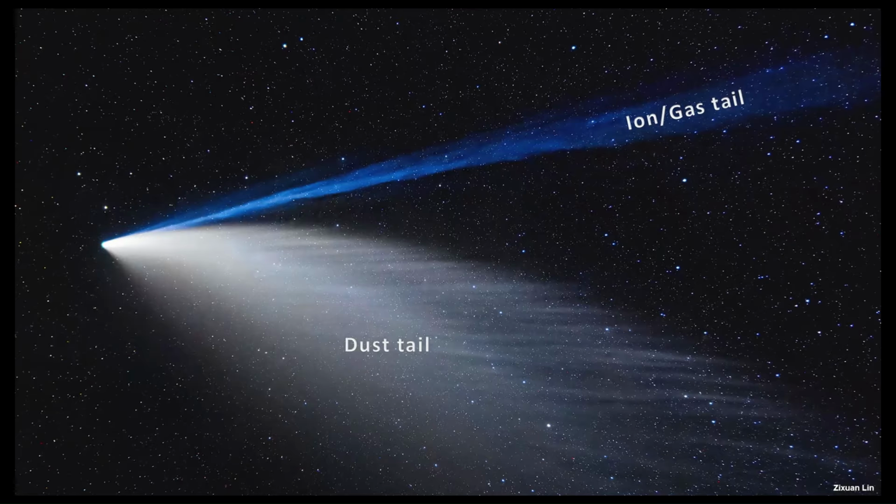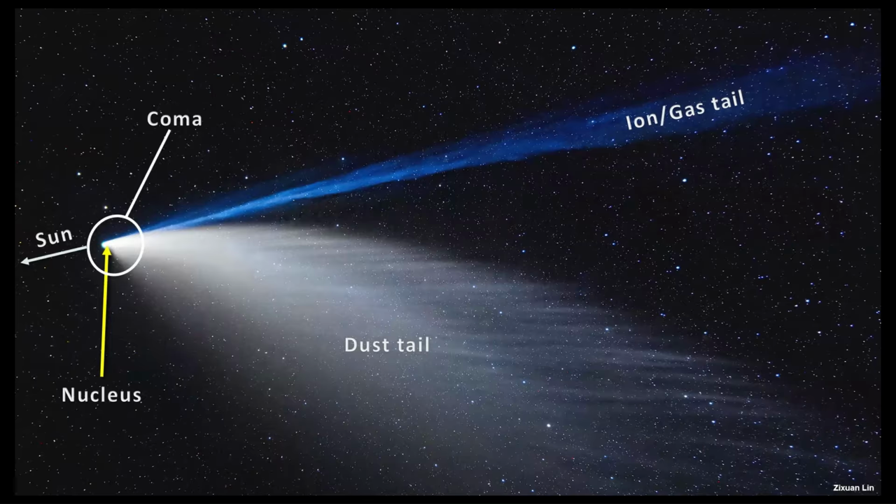And then the head of the comet, where all the tail material comes from, is again called the coma. And deep within the coma is the nucleus, the actual dirty snowball where all this material comes from. So that's your basic anatomy of a comet. And because the ion tail is so light, it's basically just particles like electrons and ions. It points exactly in the opposite direction of the sun.